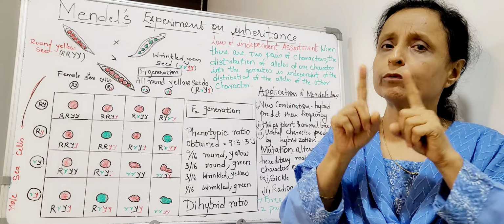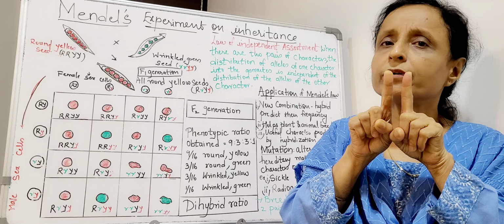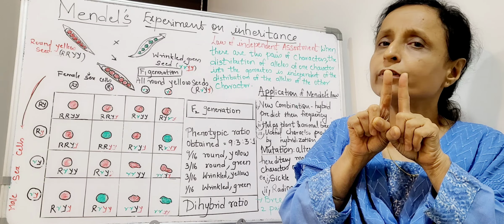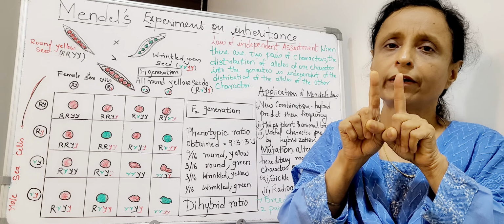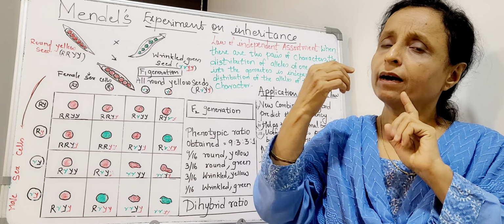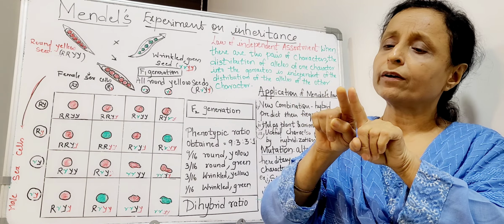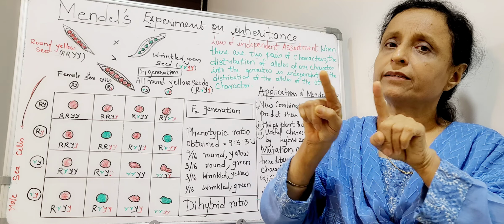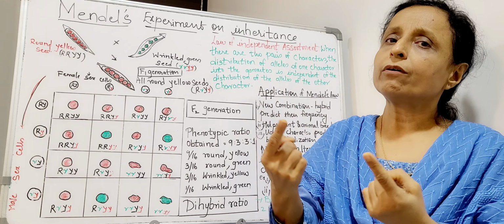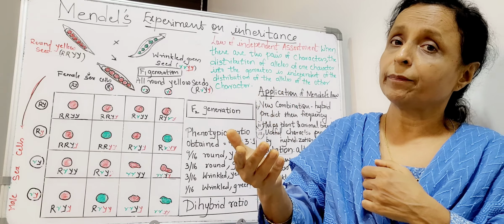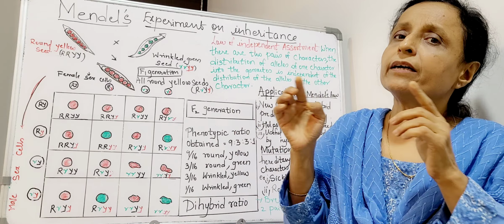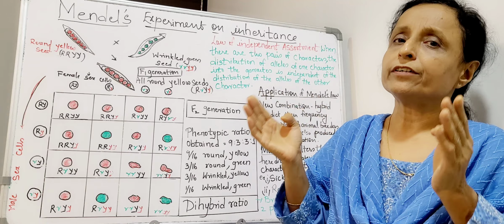We have two chromosomes. The alleles are present on those loci. So the combination will take place for eyes, nose, whatever. So my eyes will have one combination, then they get separated. Whatever the combination takes place, that formation will take place.